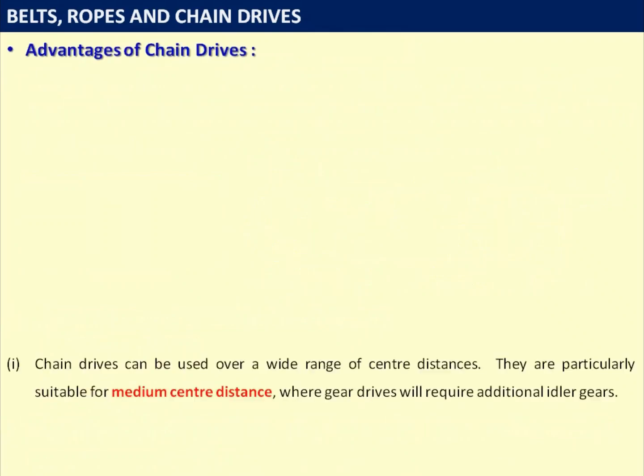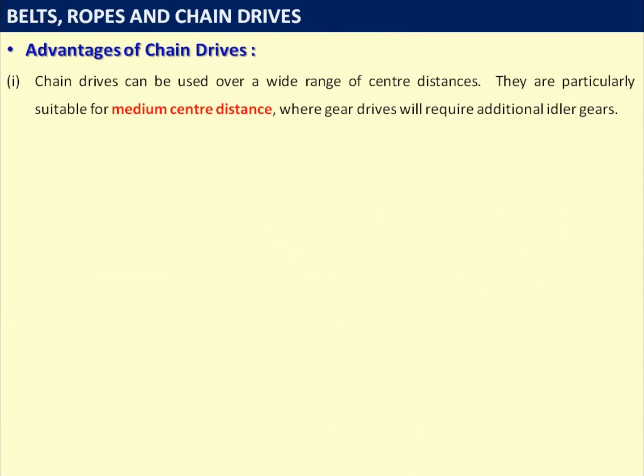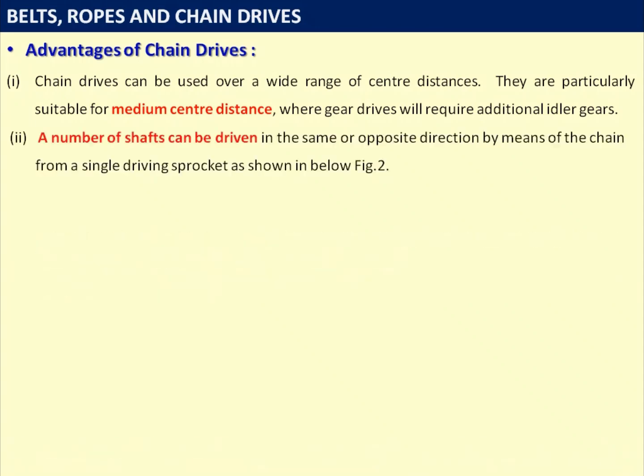Advantages of chain drives. Chain drives can be used over a wide range of center distances. They are particularly suitable for medium center distance where gear drives will require additional idler gears.